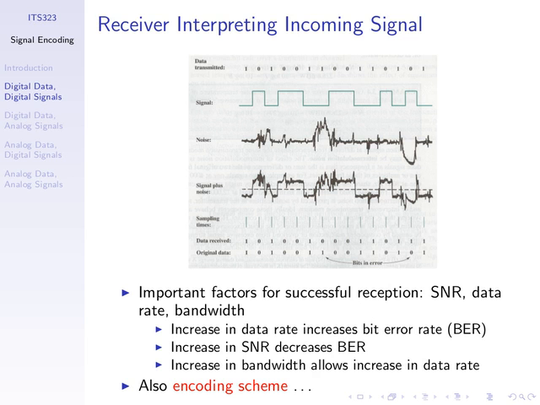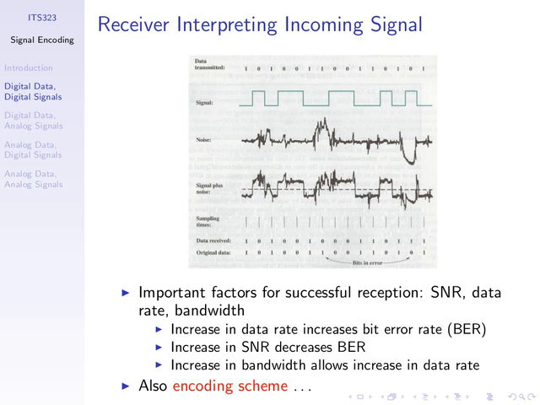So, when we transmit a digital signal, what determines how well the receiver can understand the received signal? Some factors we already know about. If we transmit a digital signal, noise can introduce bit errors. This is a diagram we've seen before.